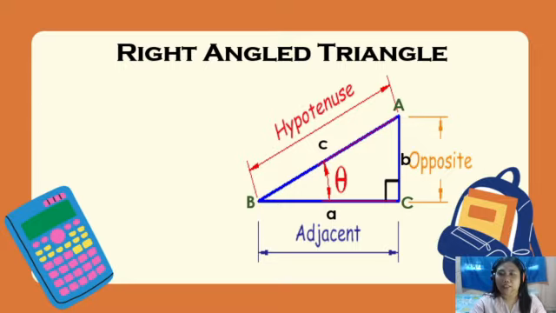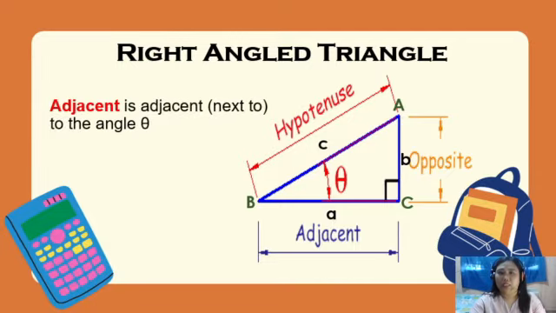Let's discuss the sides of the right triangle, which are the adjacent side, opposite side, and the hypotenuse. Adjacent is next to the angle. So, pag sinabi nating adjacent side, katabi. Kung ito ang ating given angle, ang adjacent side sa kanya ay si small letter A. Opposite is opposite the given angle.